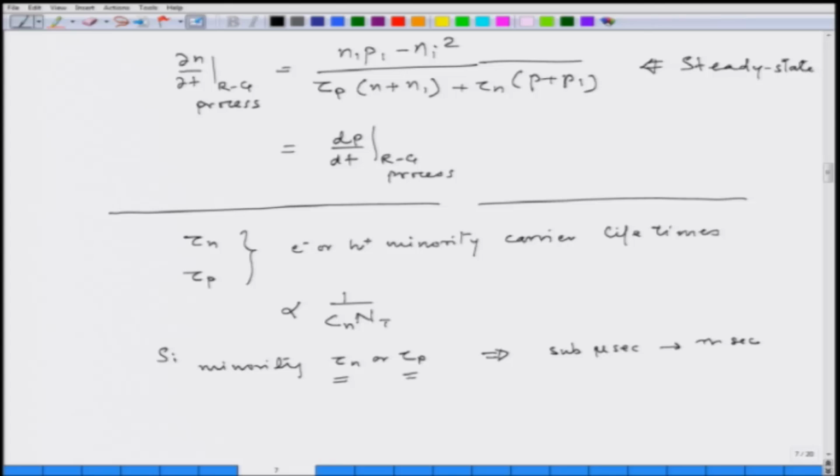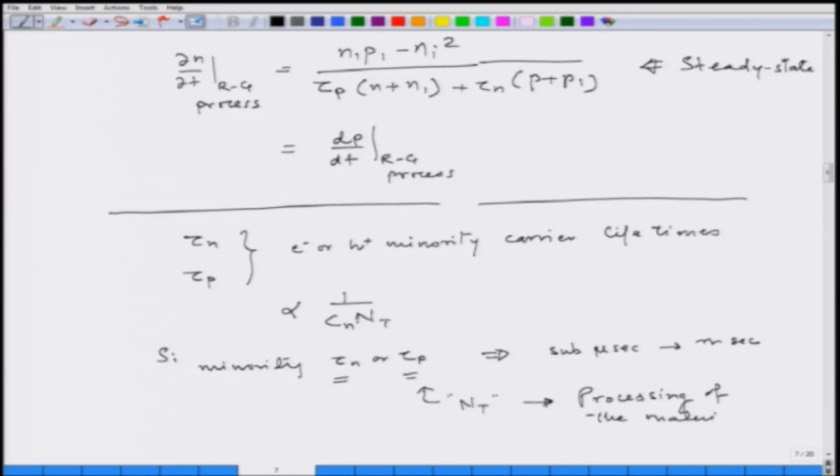Hence, these two parameters tau n and tau p are very important, but they are not an intrinsic material property, they depend on N of t. So, they can be changed, they depend on the processing of the material.